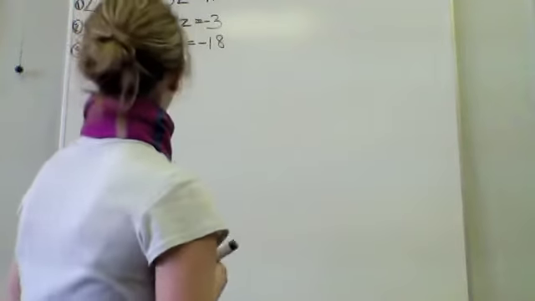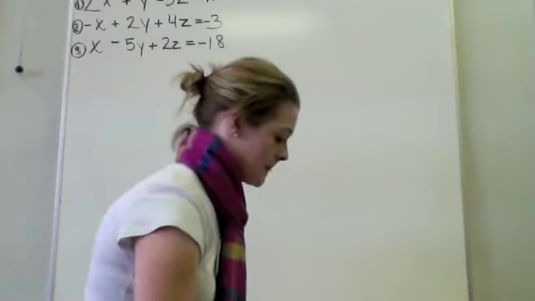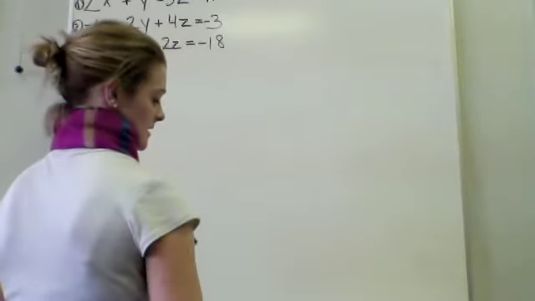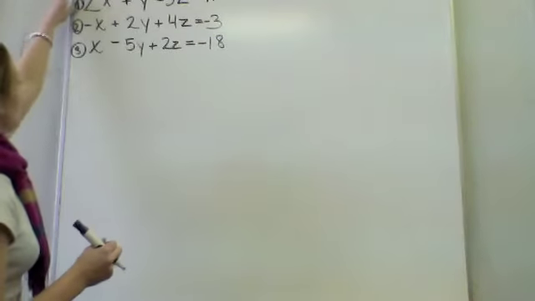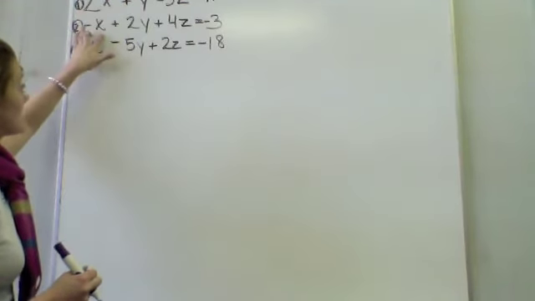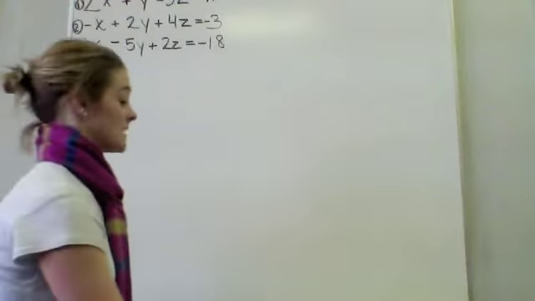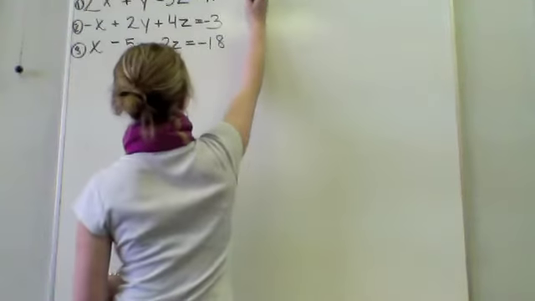Let's take our first and our second equations. Looking at my first and my second, if I'm choosing to eliminate x, I have a 2x and a negative x. I need to multiply my second equation by 2 so I can easily eliminate my x.